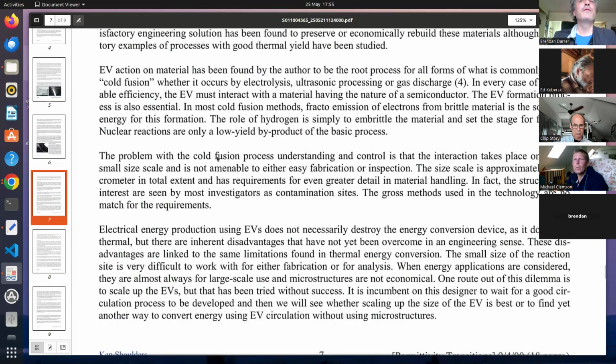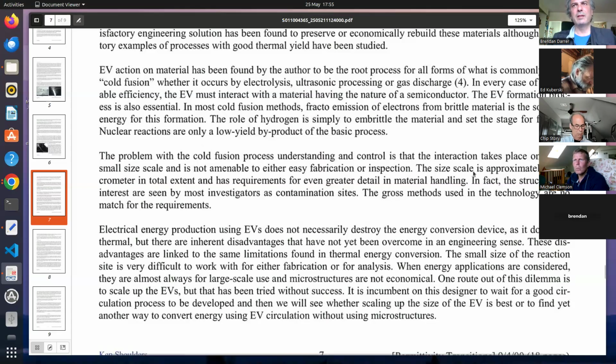The problem with cold fusion process understanding and control is that the interaction takes place on a very small size scale and is not amenable to either easy fabrication or inspection.